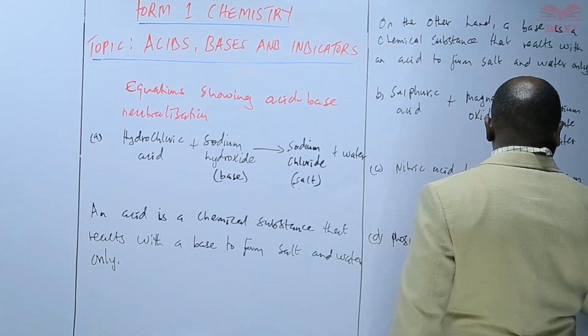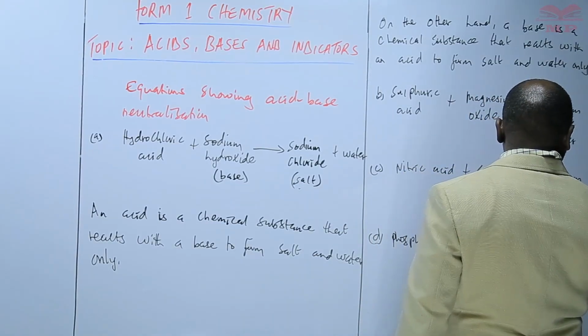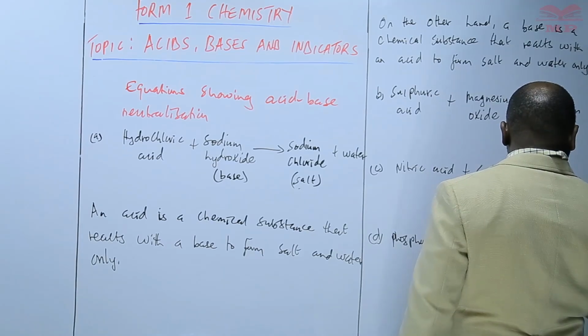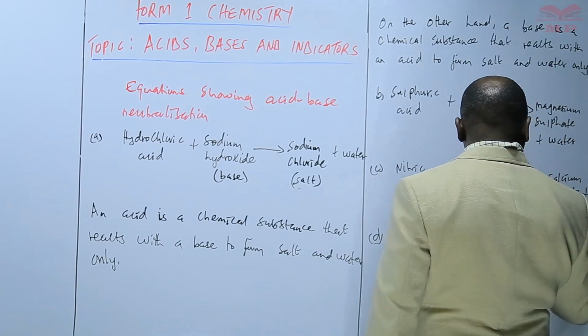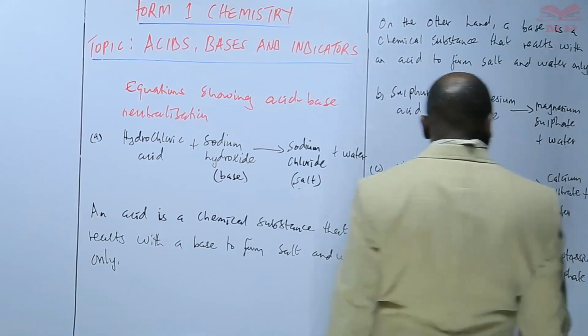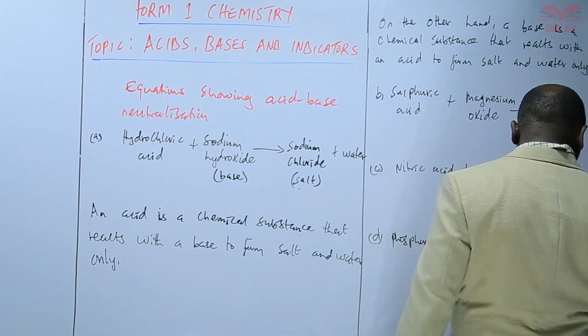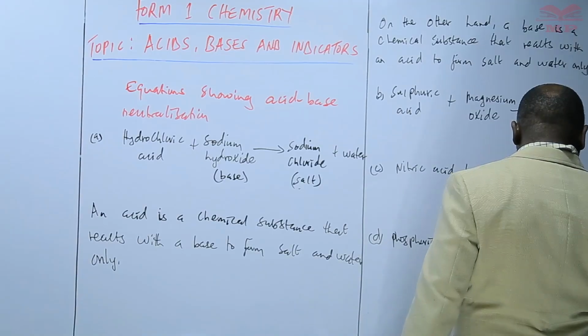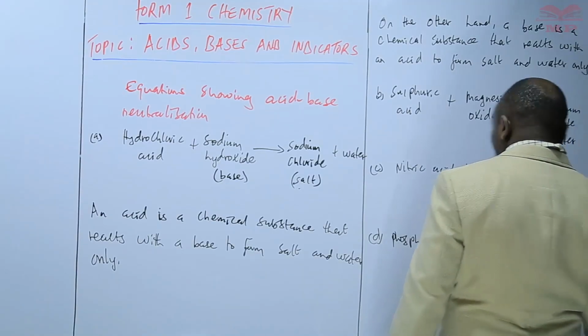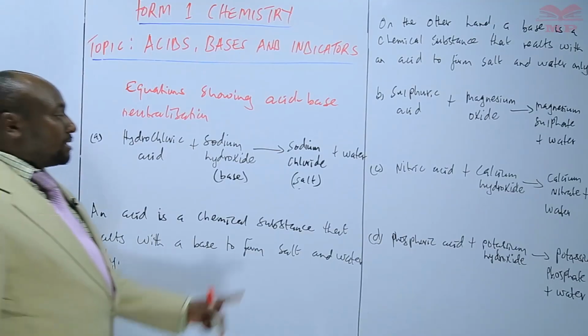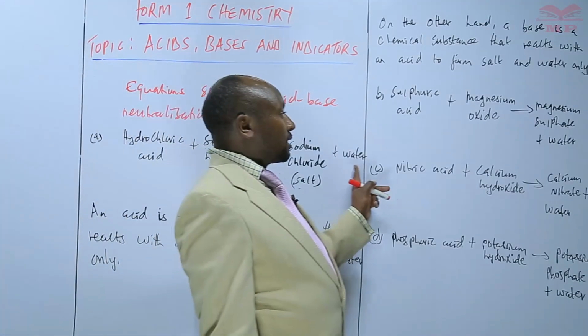So we'll have potassium phosphate, because we are using phosphoric acid, plus water. So in all the acid-base neutralization, there must be a salt and water.